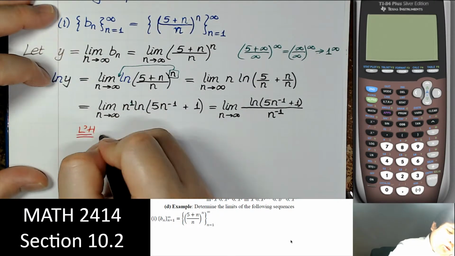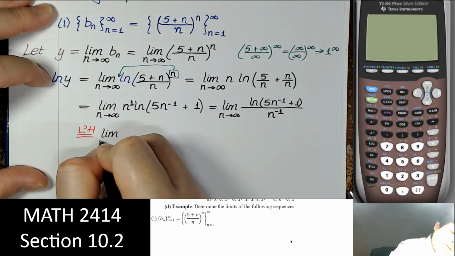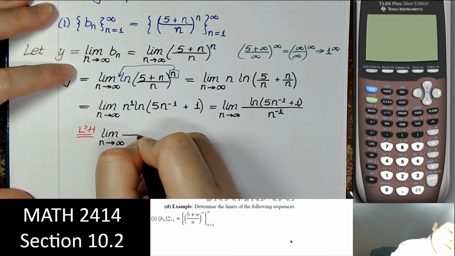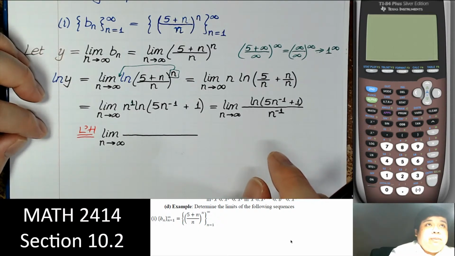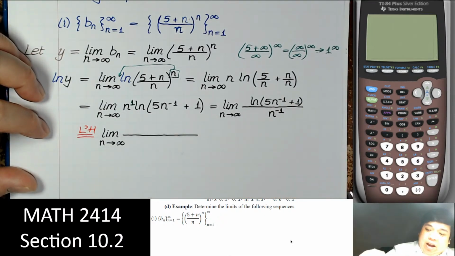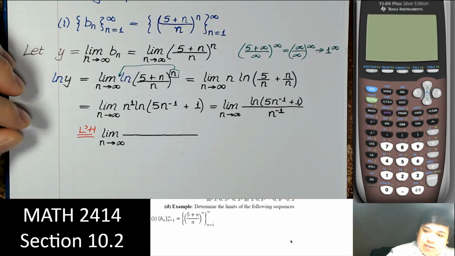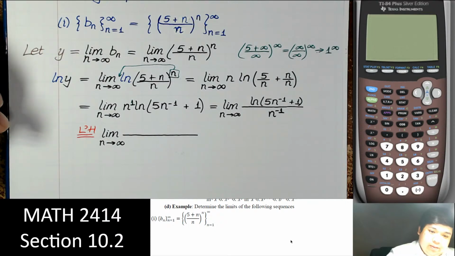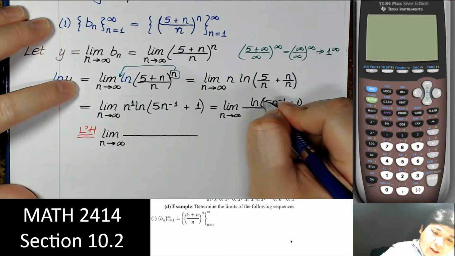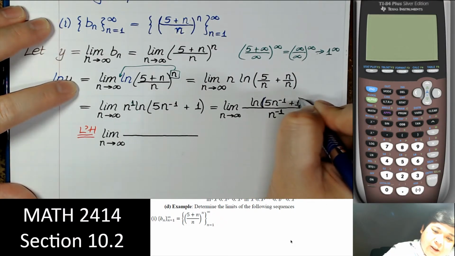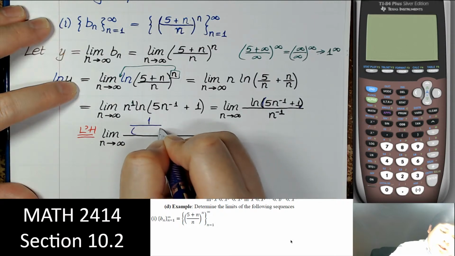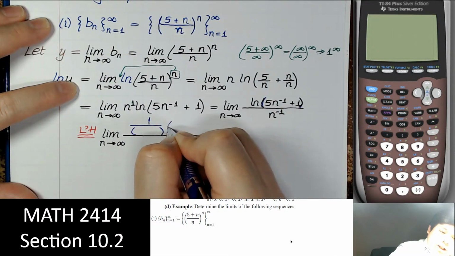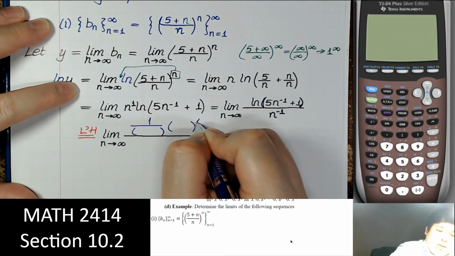So we use the Hospital rule: derivative of the top over derivative of the bottom. Derivative of ln is 1 over the parentheses and then times the parentheses prime.